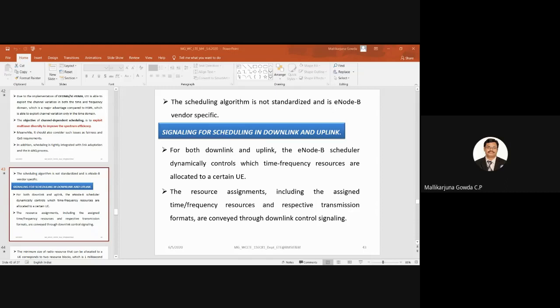Can you tell the importance of scheduling and resource allocation? In operating system, it is used also. Yeah, operating system only, but you have to tell with respect to this communication system. What is the main purpose of scheduling and resource allocation? At least that point you can tell.